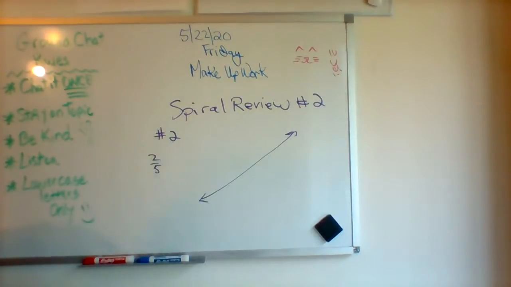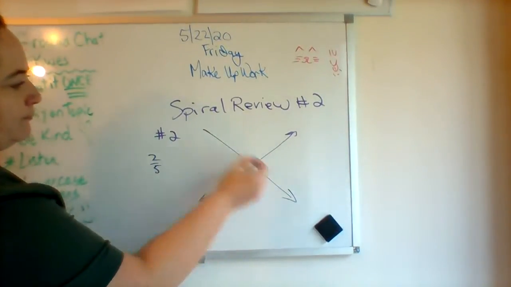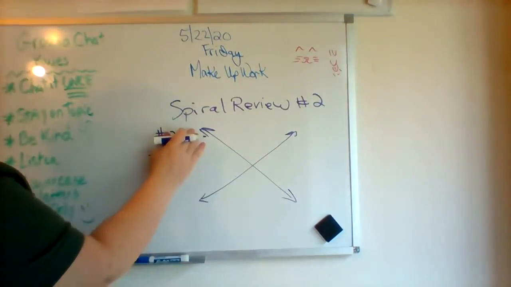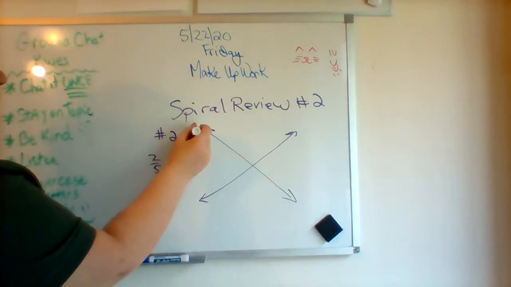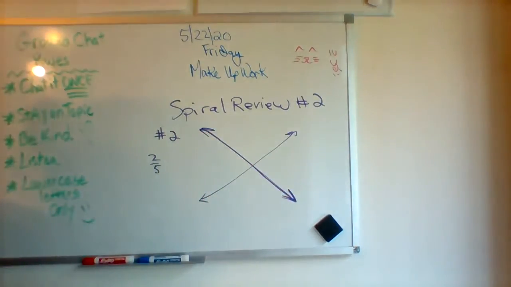A negative slope? Negative would be if it did this. Okay, reading from left to right, if I start here and I stay on the path of the line, I'm going down. That would be a negative slope.